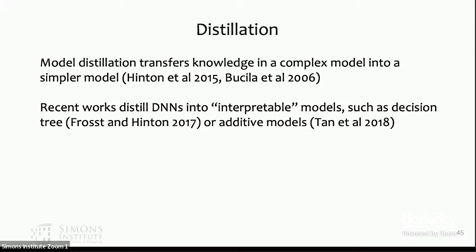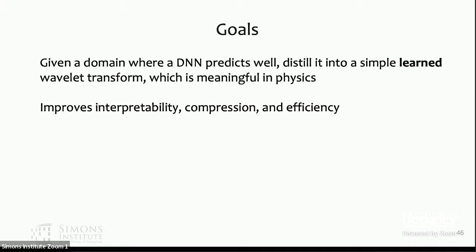Because we are in this physics domain, we want to learn a wavelet transform instead of decision trees or editing models. The goal is to improve interpretability, compression, and also efficiency.